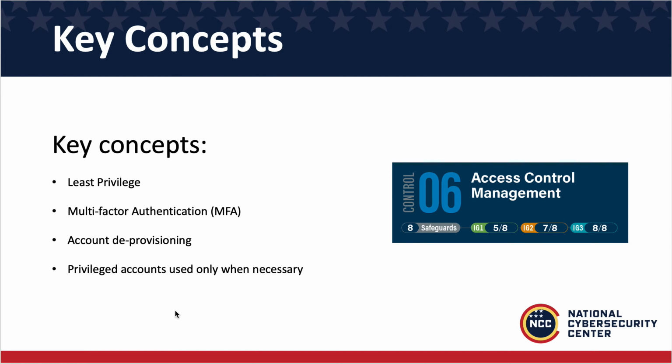So, going back to key concepts: least privilege, only giving someone the access they need to do their job and nothing more. MFA, or multi-factor authentication, making sure that there are 2 authentication points to gain access to a system. Making sure that when an employee leaves or a contractor is done with their work, you deprovision that account.